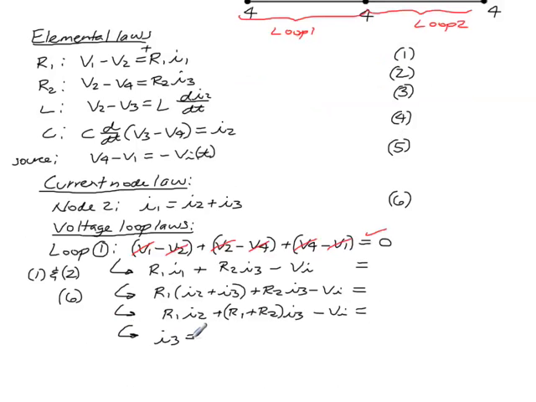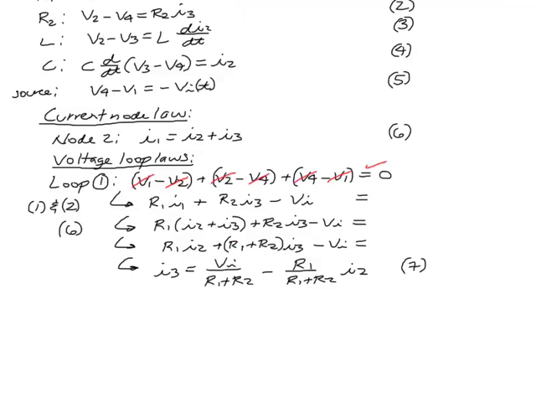We don't really want to find I3, so we can eliminate that. So it's VI divided by R1 plus R2 minus the ratio of R1 to R1 plus R2 times I2. So this is an equation which I'll refer to as equation 7.